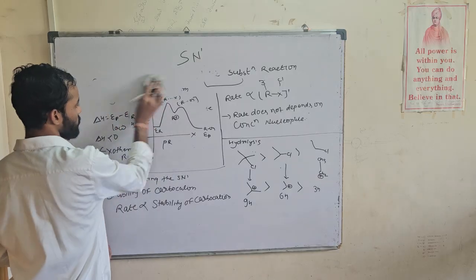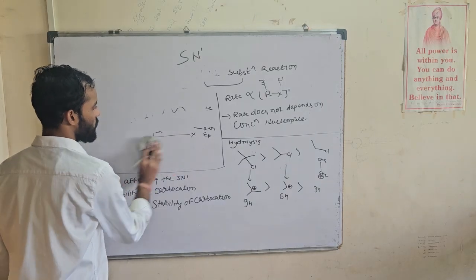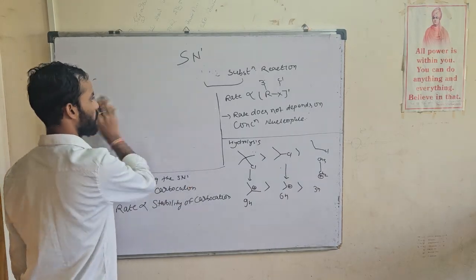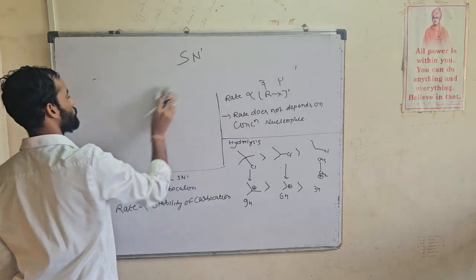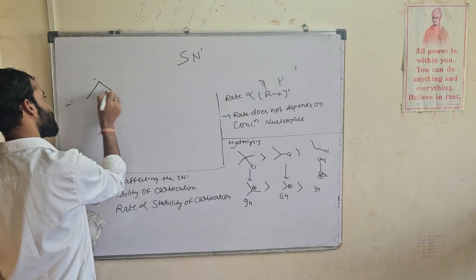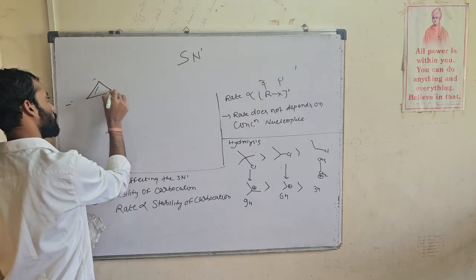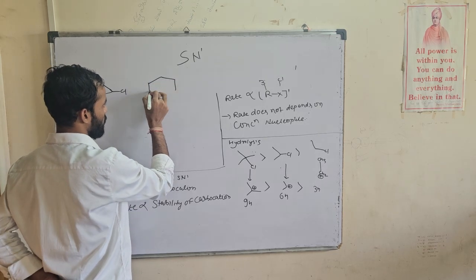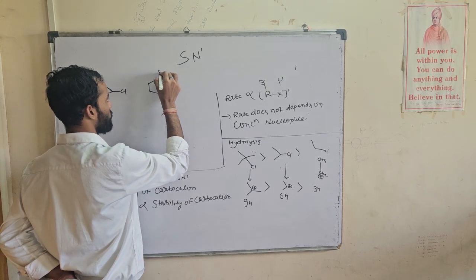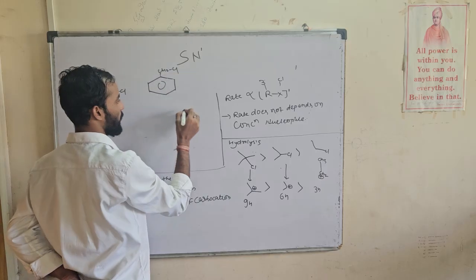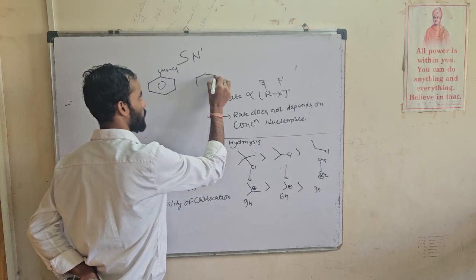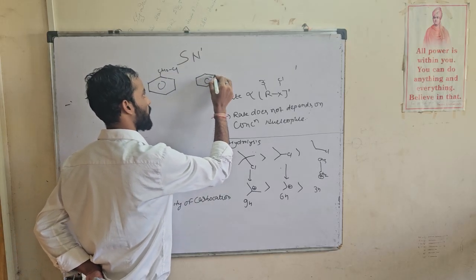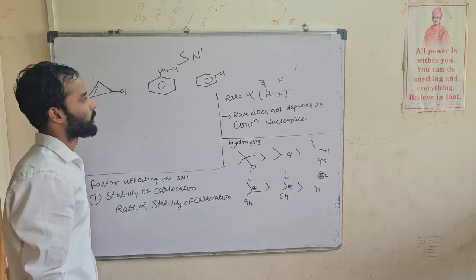The example is hydrolysis of cyclopropene chloride, hydrolysis of benzyl chloride, and hydrolysis of aryl chloride, that is phenyl chloride.